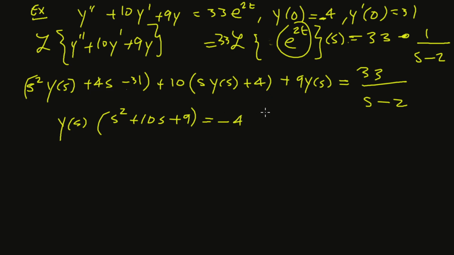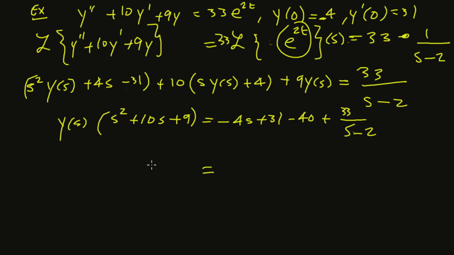From the left hand side to the right hand side, we get negative 4s plus 31 minus 40 plus 33 over s minus 2. Okay, so let's make these a fraction. So combine them. Negative 4s, you're going to times by s minus 2, and combine 31 with negative 40, then you do times s minus 2 for common denominator.